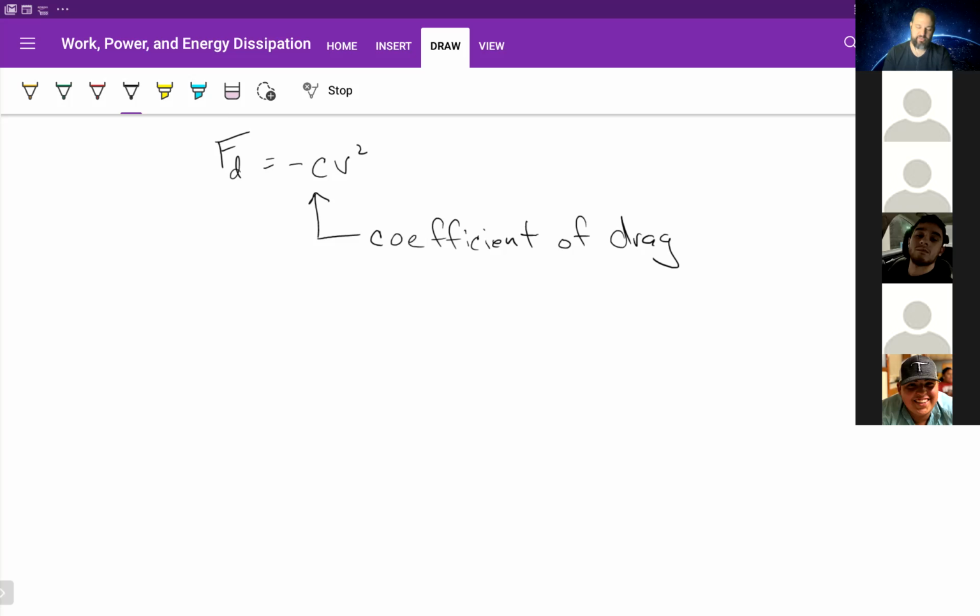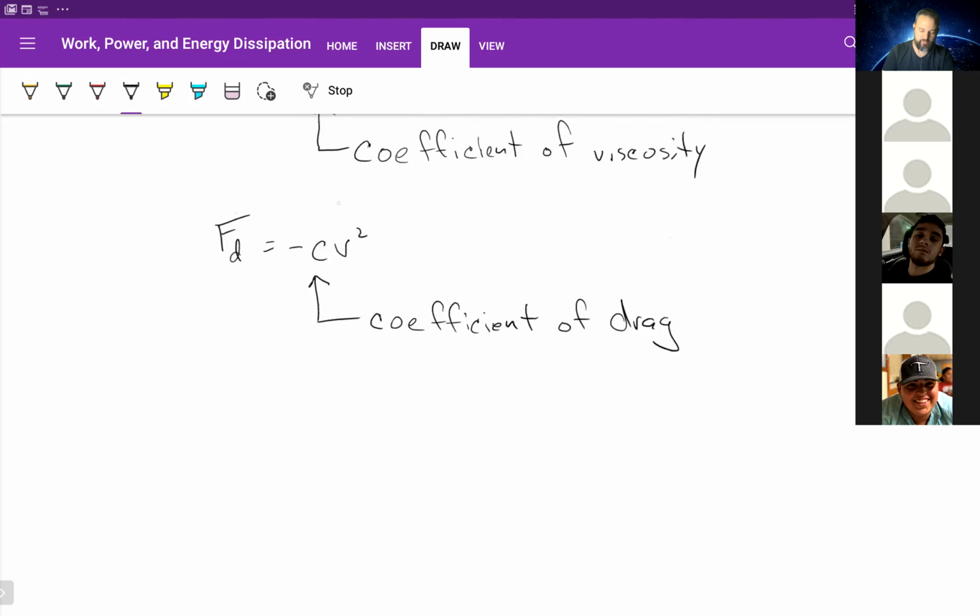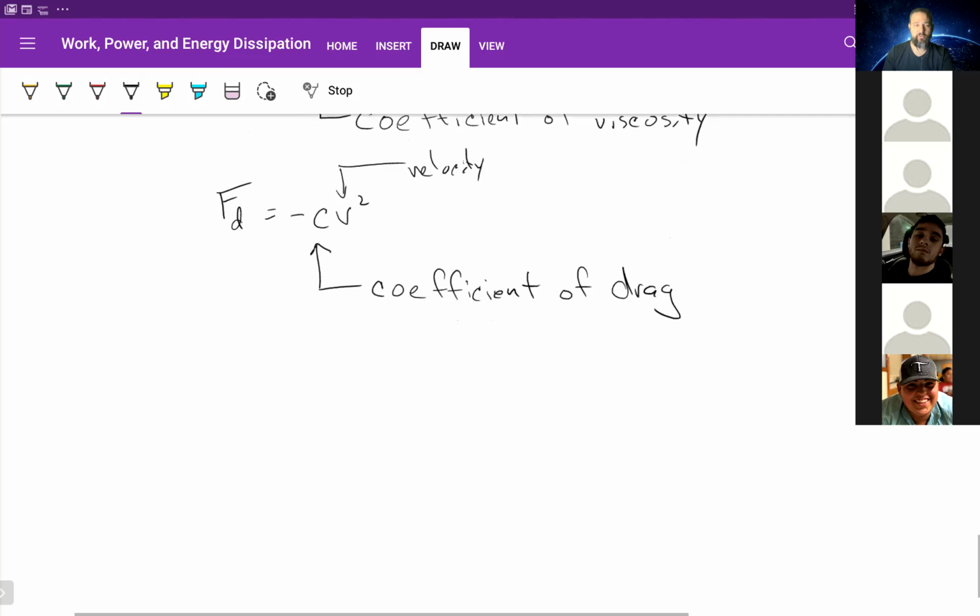Notice that in this case, our velocity is squared, so we still have velocity. That means that if I double the speed, the drag is actually going to increase more. It's not linear anymore. Okay, so let's get an example here.